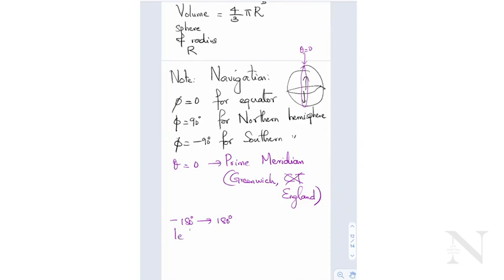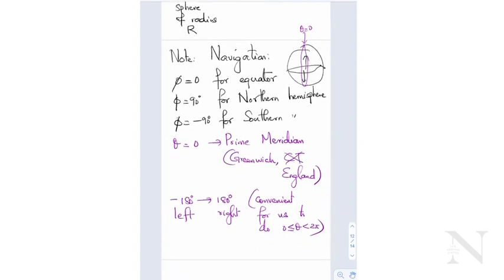This is to the left of the prime meridian, and this to the right. Overall it's 360 degrees going around the Earth, but it's split into two based on the reference point of Greenwich, England. That's because it's easier for them to navigate that way. We don't want to use negative pi to pi. It's convenient for us to use 0 to 2 pi. But no matter what, you are going around in circles. If you start from one point and go around, you will eventually get back to the same point.